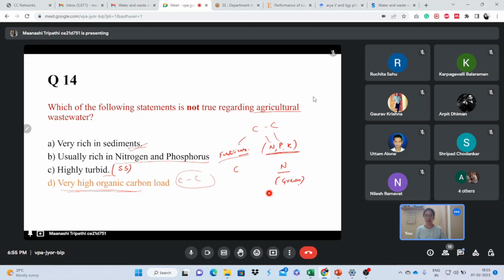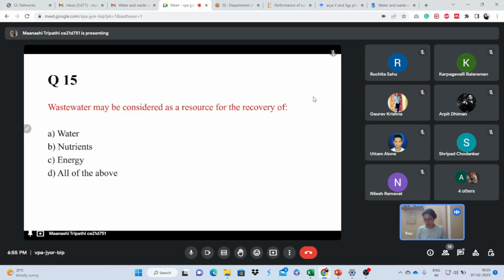Okay, we'll move towards the next question. Wastewater may be considered as a resource for the recovery of water, nutrients, energy, or all of the above. And you have to tell why: how water is coming, how nutrients, where we will use nutrients, where we will use energy, how we will recover it.